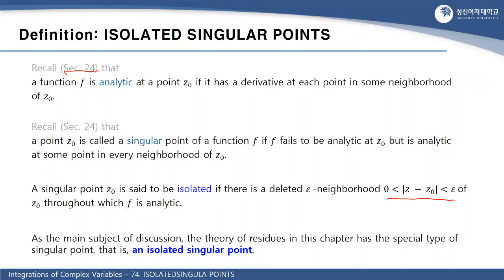So here, z0 and z, if z is given, then we can compute the distance between 2 points. But this distance is upper bounded by epsilon.